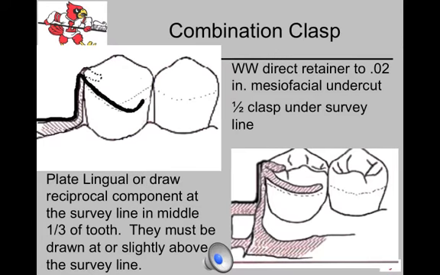On this slide we have two illustrations of the combination clasp. On the left is the buccal surface. You can see that the wrought wire originates at least a centimeter posterior to the natural tooth where it is soldered to the framework in the base attachment area.